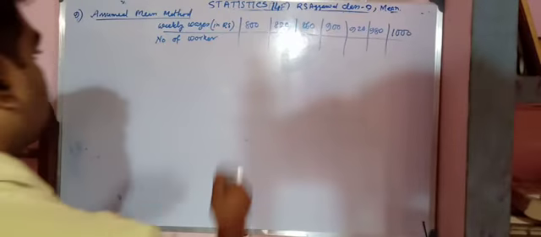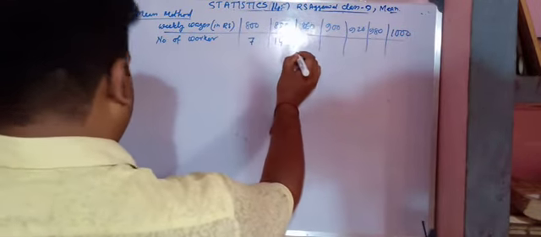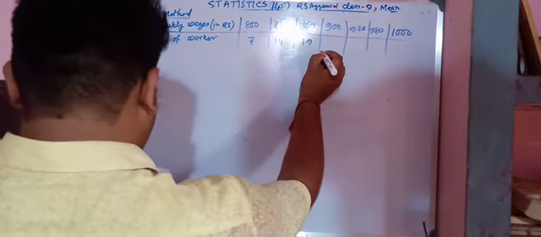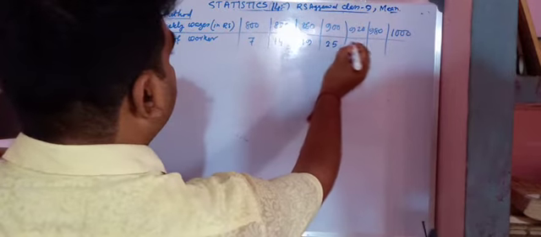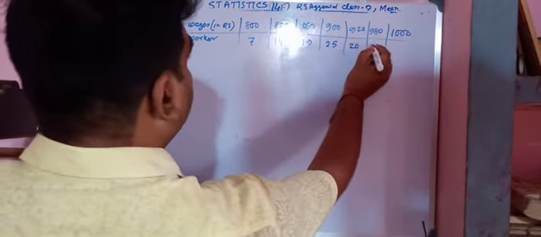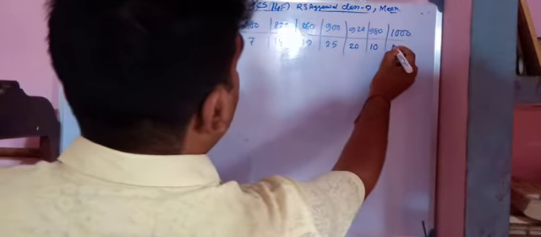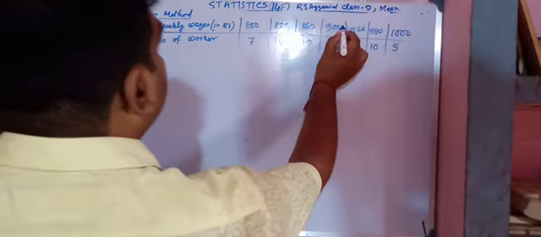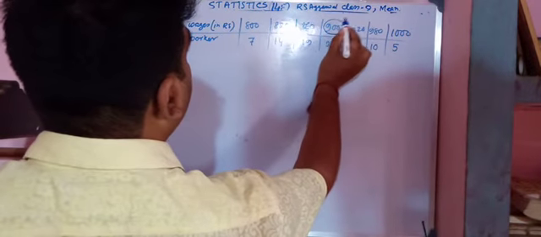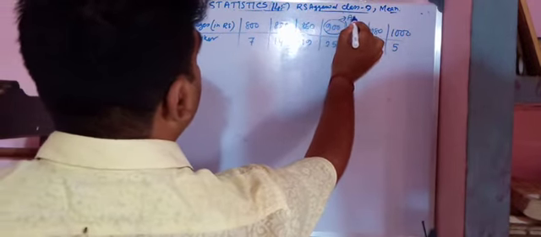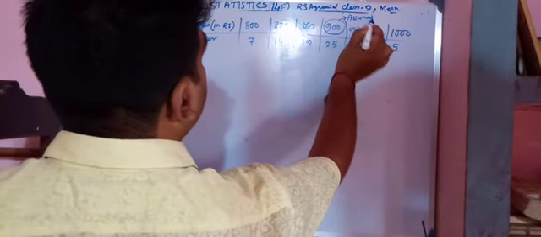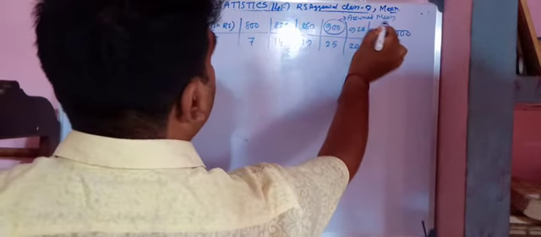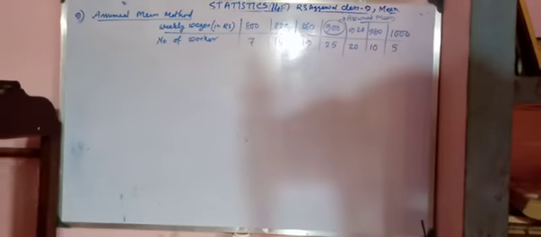Understood? Now here this is 7, 14, 19, 25, 20, 10 and 5. So we have to find the mean by the assumed mean method. We are assuming 900 as my assumed mean.